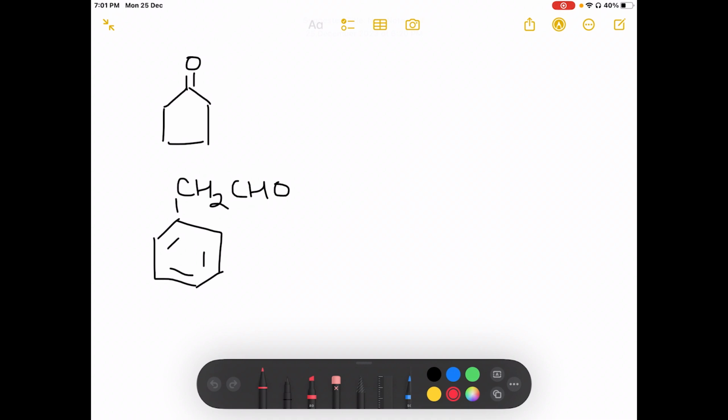Now in these cyclic structures, this carbon is a functional carbon, and carbon next to this functional carbon, like these two, are alpha carbons. So here we have two alpha carbons, both are identical, and the hydrogens belonging to these alpha carbons are alpha hydrogens.